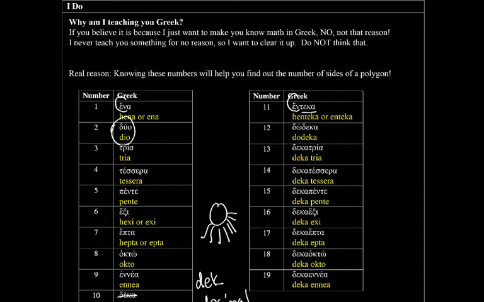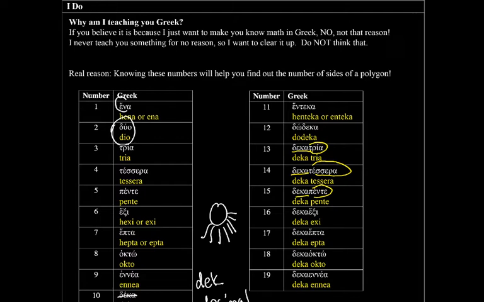Here we see a bit of a pattern now. We see deca and another number. Deca tria, so deca 10, tria 3, 13. Deca tesera, deca pente, and so on. Deca exi, deca epta, deca octo, deca enea.